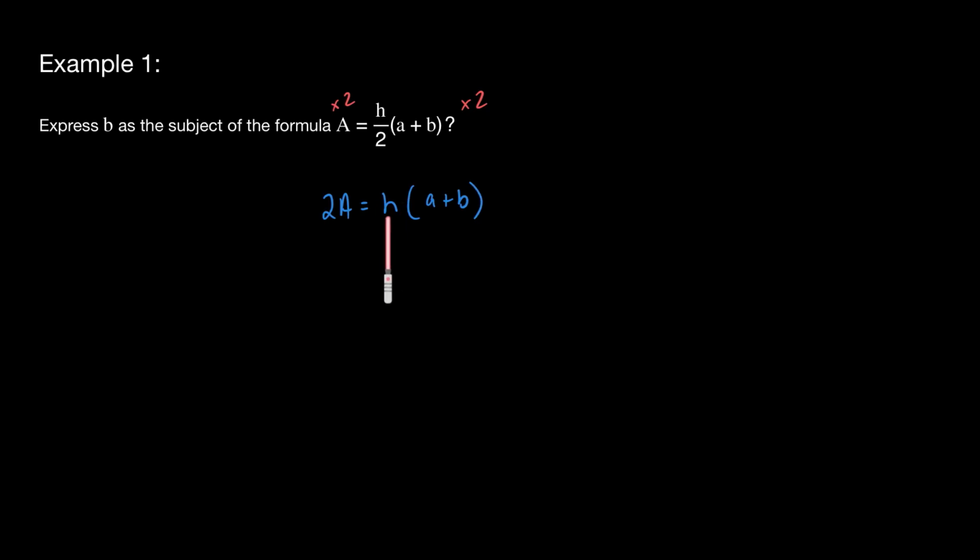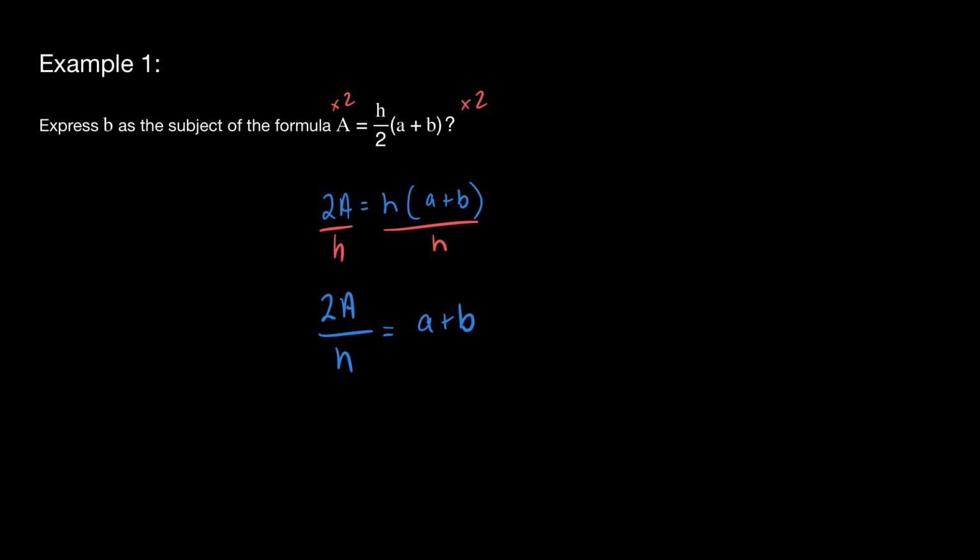Okay, now I'm after that h, I want to move that to the other side. Now at this point, it's h multiplied by what's inside the brackets. So therefore, I'm going to divide both sides by h. That will look like 2a over h on the left equals a plus b. We can remove the brackets now because there's nothing else to multiply.